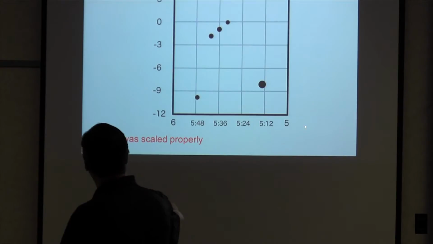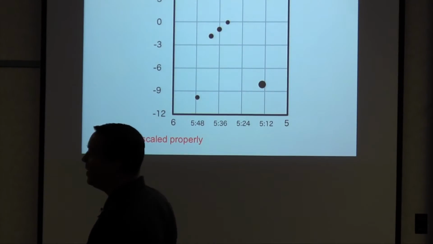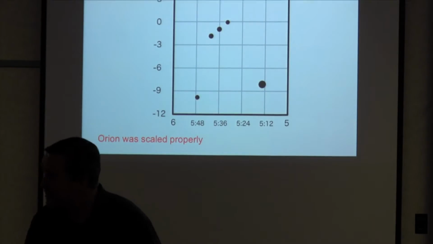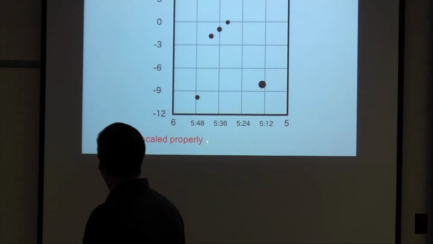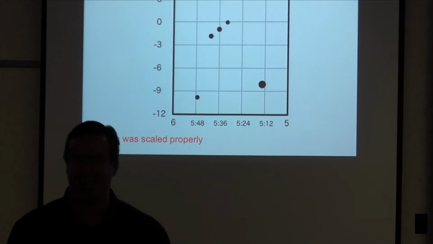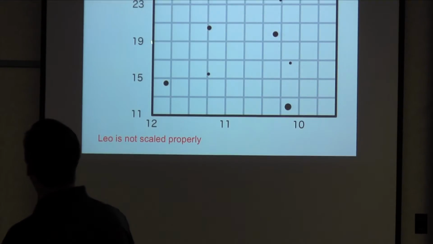Where 1 hour is 5 units, and 5 units here, 1, 2, 3, 4, 5, was from minus 12 to 3, which was 15 degrees. So it turned out very nicely that I could set up Orion so that it would be backwards, but scaled properly. Leo, when we did it, you can see that we scaled that wrong.